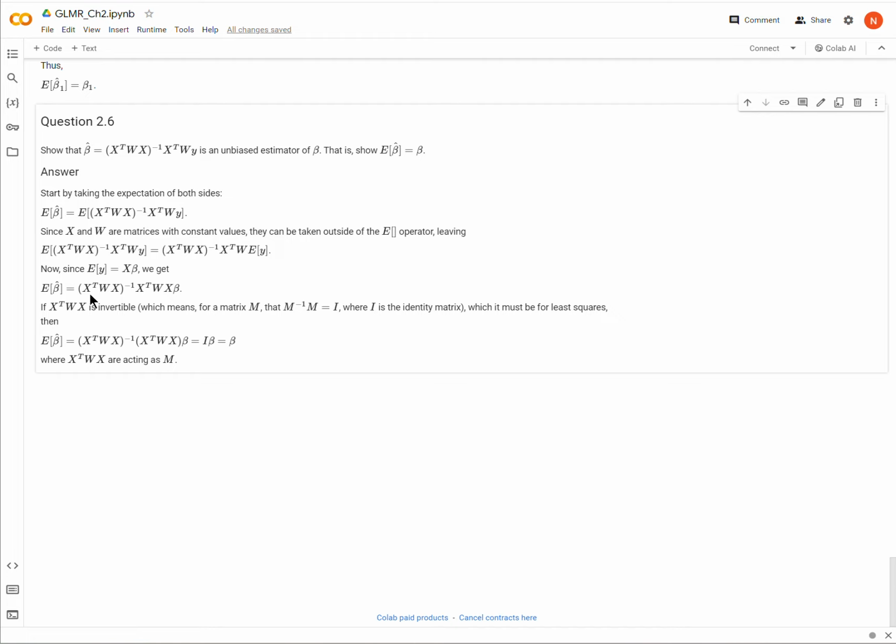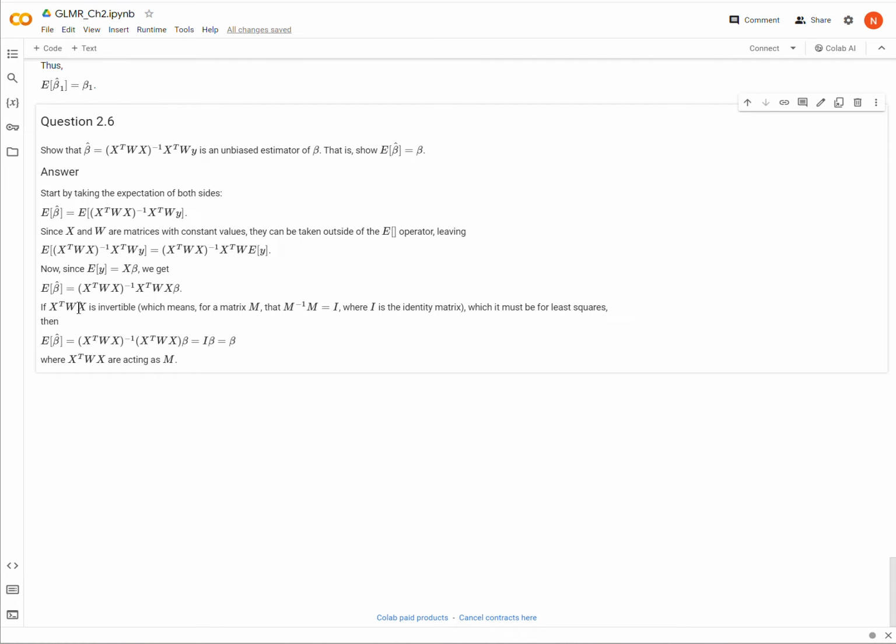So there is a property of matrices called invertibility. If I have a generic matrix M, M is said to be invertible if the inverse of M times M is equal to the identity matrix, where the identity matrix is a square matrix with ones down the diagonal and zeros everywhere else.